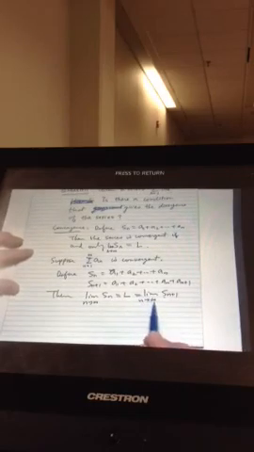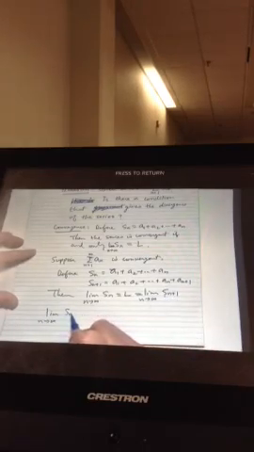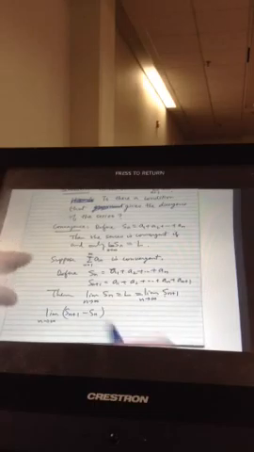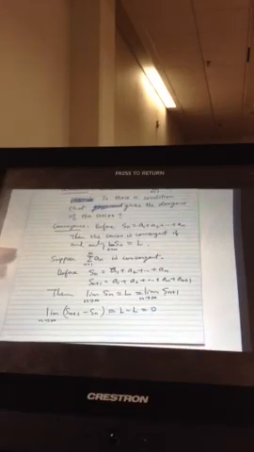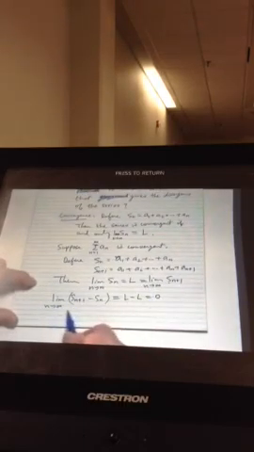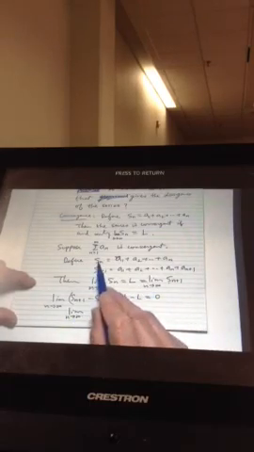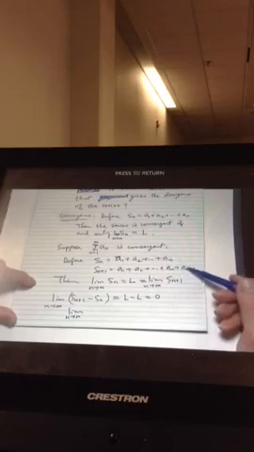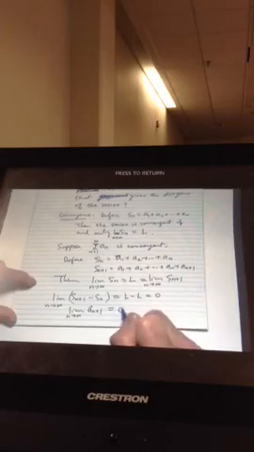But if that is the case, I'm going to subtract S sub n from S sub n plus 1. On one hand, this must be 0 because L minus L is 0. But on the other hand, if I look at the expressions of S sub n plus 1 and S sub n, the difference is a sub n plus 1.